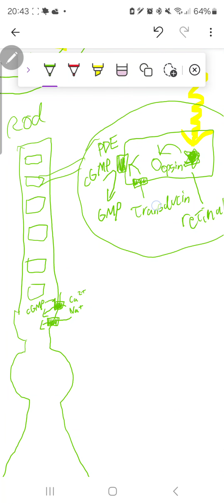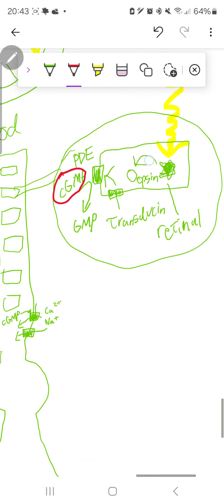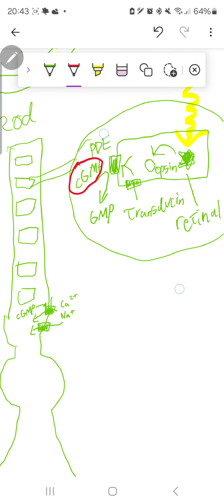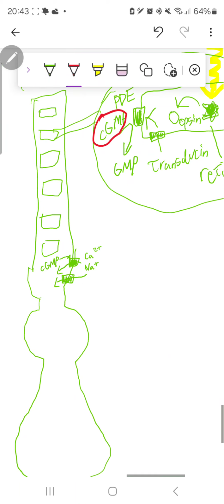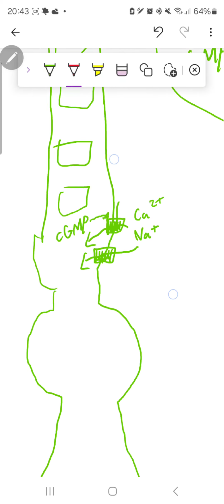But given that it's cyclic GMP that does this job, then when light hits this membranous disc, it will convert more cyclic GMP to GMP. So we will have less stimulation of these channels, as mentioned.